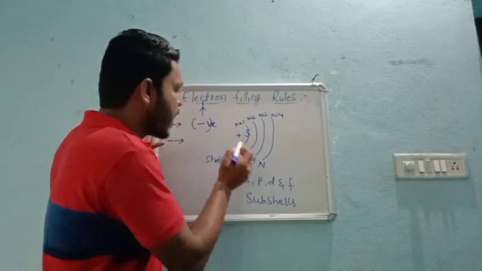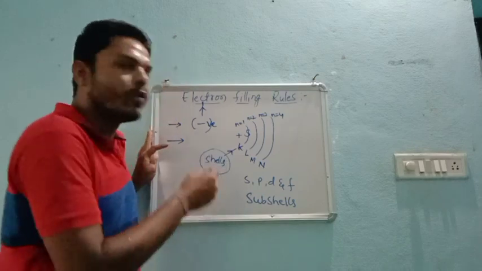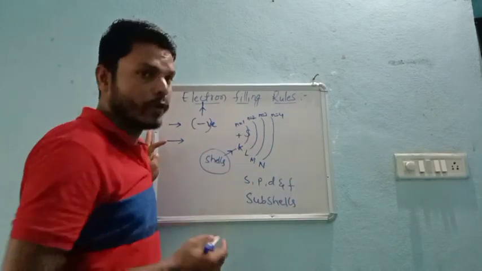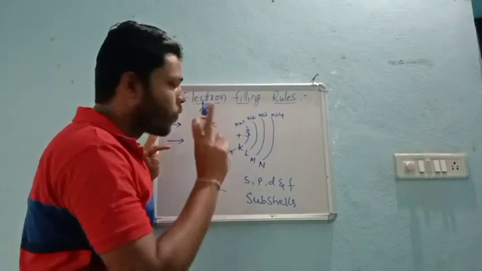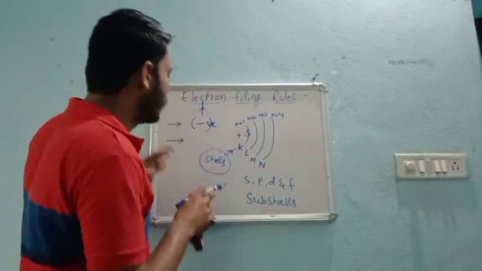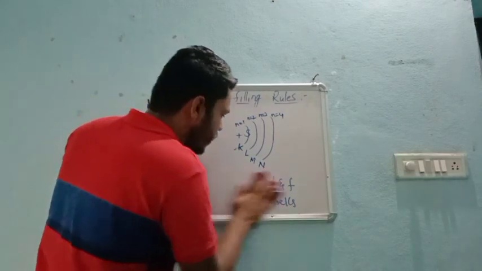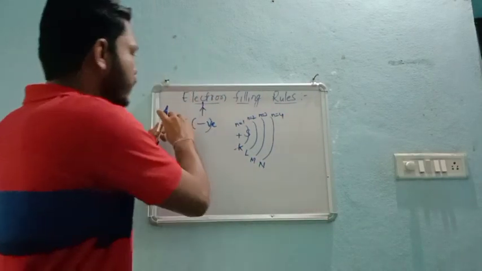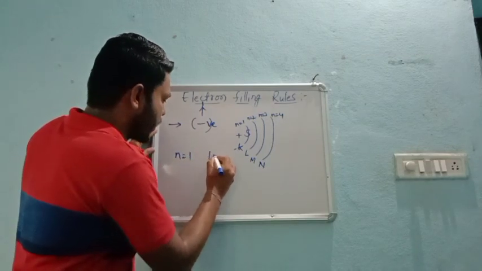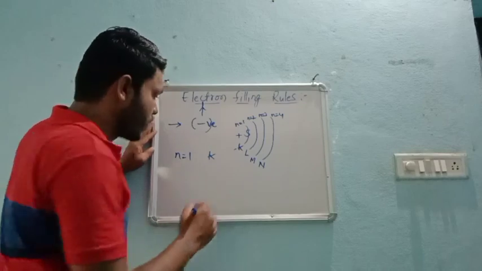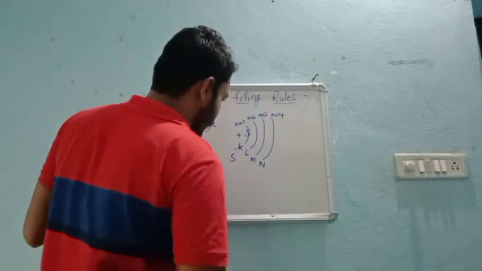These subshells are present in the main shells. How they are distributed, we will see now. The n equal to 1 shell, or number 1 energy level, is nothing but the K shell, and this K shell consists of only one subshell, that is S.